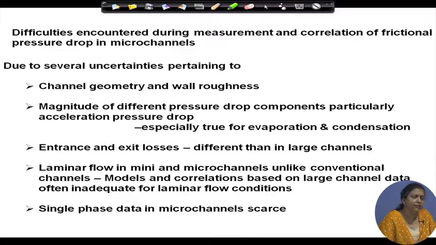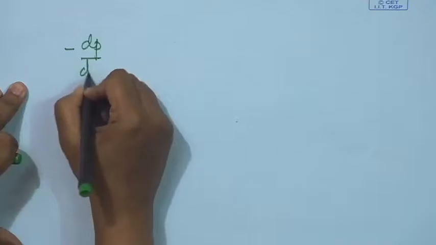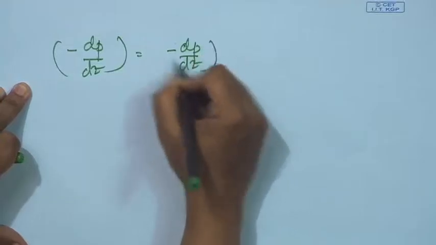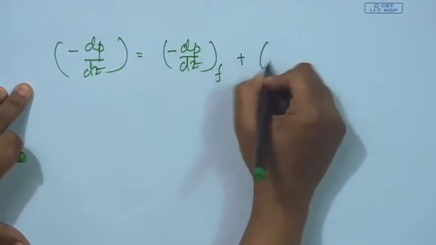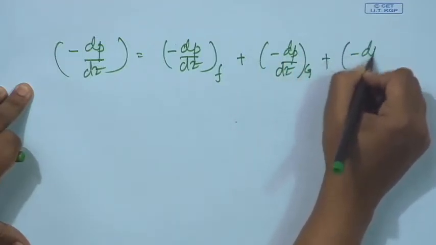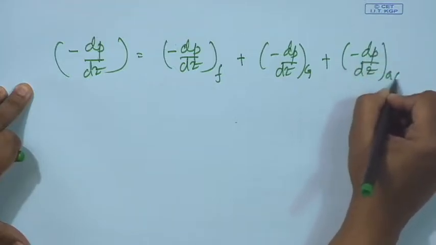Now, what are the other uncertainties which pertain to micro channels? First, considering what I had mentioned in the beginning, in this particular case the important pressure drop components are frictional and acceleration. If you remember, in my introductory class, I had mentioned the pressure gradient. It can be expressed as a summation of three components: the frictional component, the gravitational component, and the acceleration component as well.